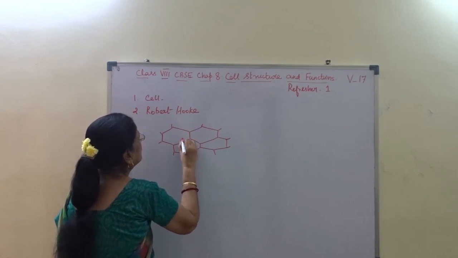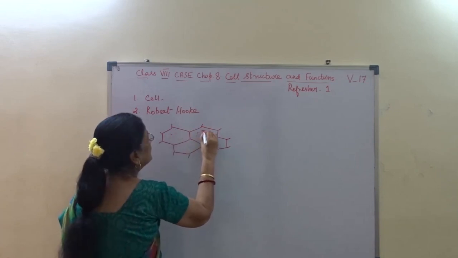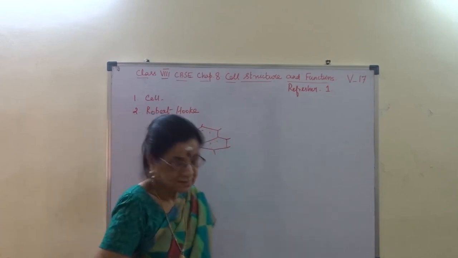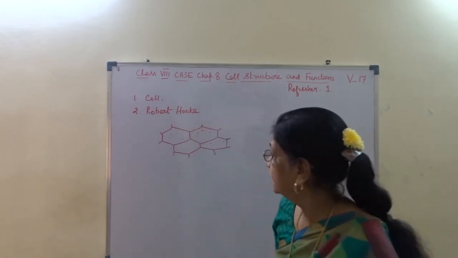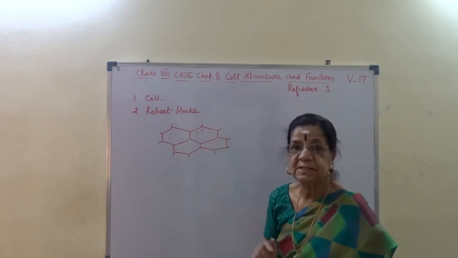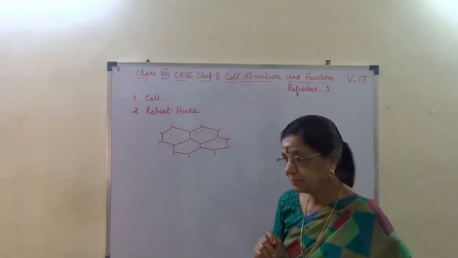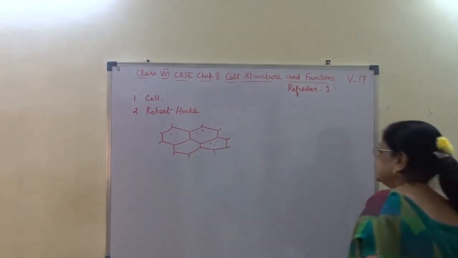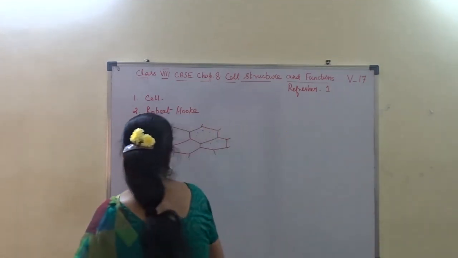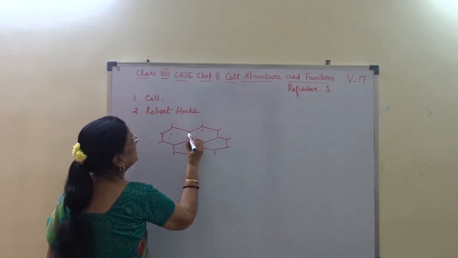Then these cells are arranged like this. Now these cells have separated from each other, but at the same time they are in continuation with the other cell.